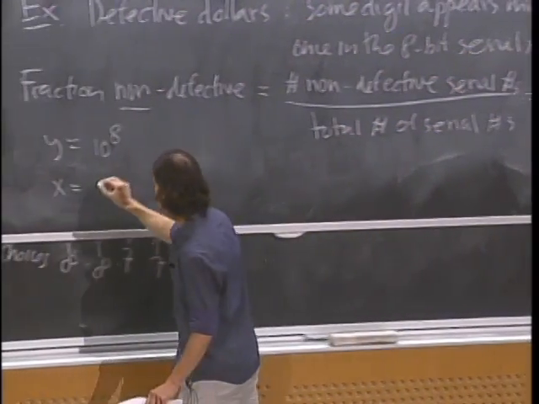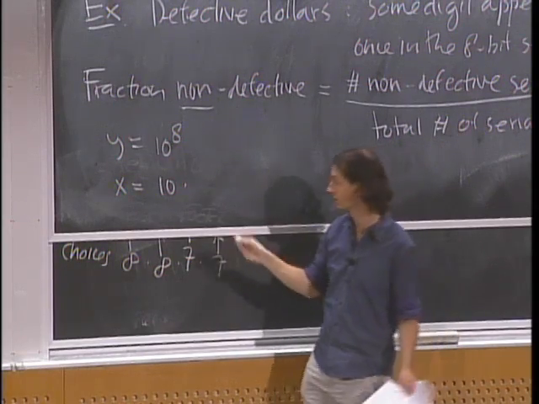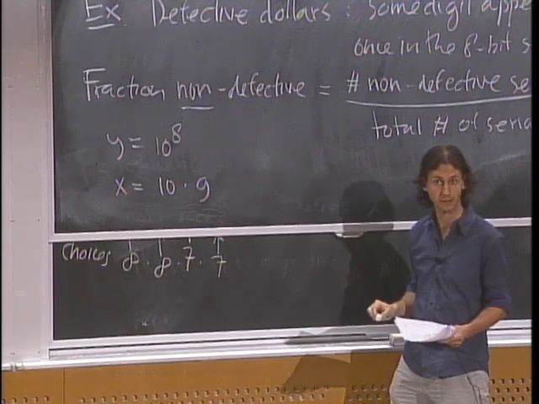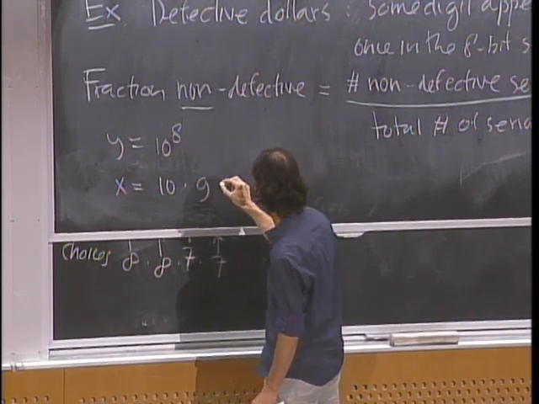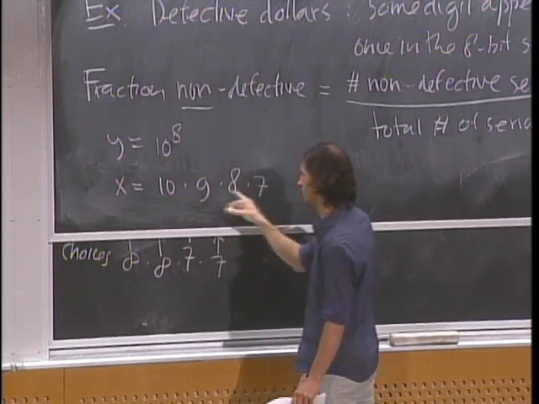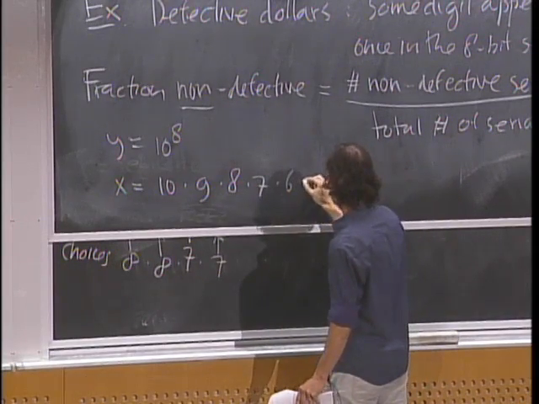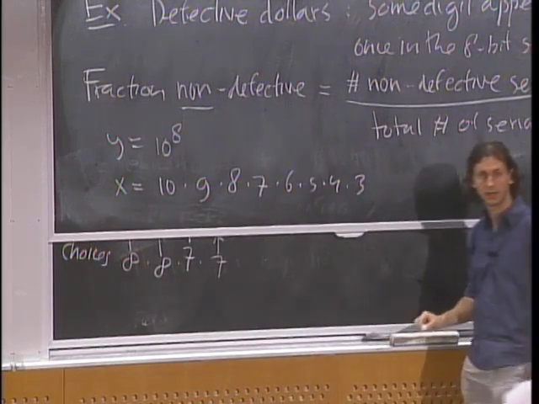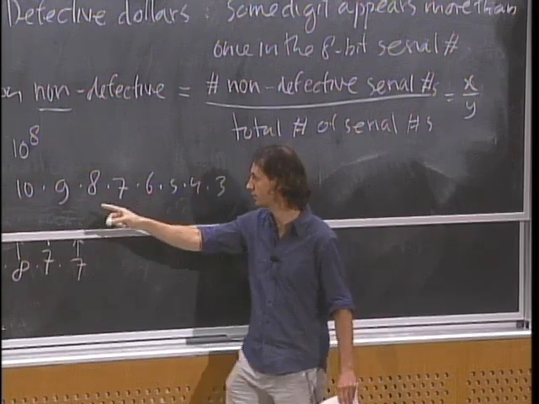So for the first digit, I have 10 choices. Now that I've selected my first digit, I have 9 choices for my second digit. Then I have 8 possible choices, 7, because I've already selected 3 and I cannot choose those anymore, times 6, times 5, times 4, times 3. And now I have chosen an 8-digit serial number in which all the digits are different.